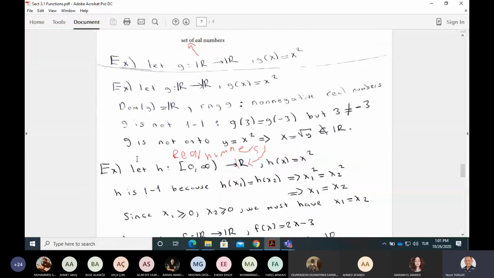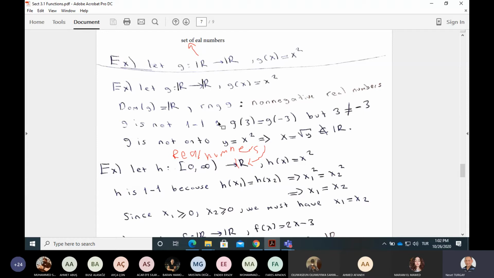Another question. Let g be from real numbers to real numbers. g of x is given as x squared. Oh, I doubled this, but it's okay. Maybe later on I can clean this. My friends, domain of this is what? Real numbers.